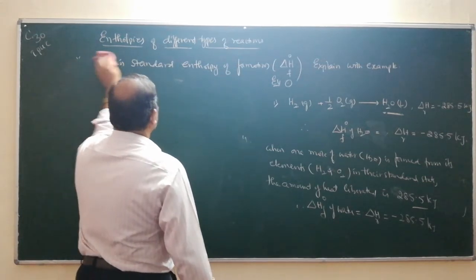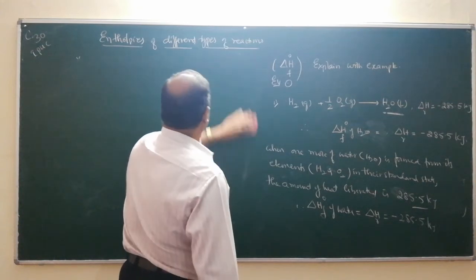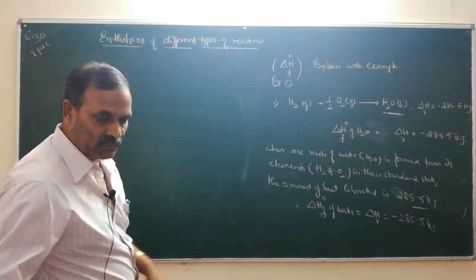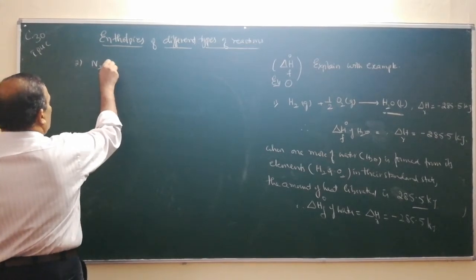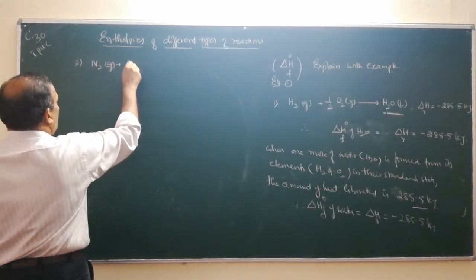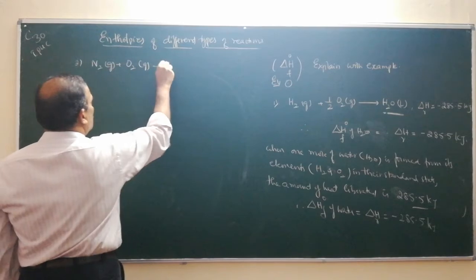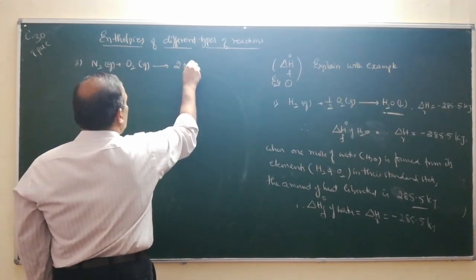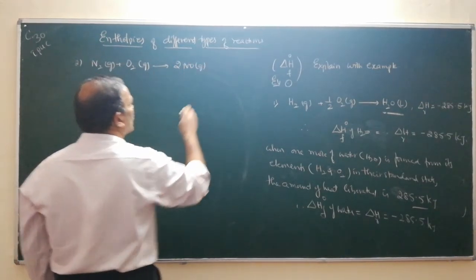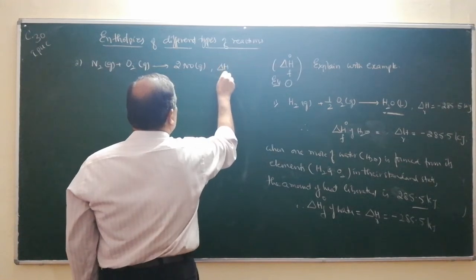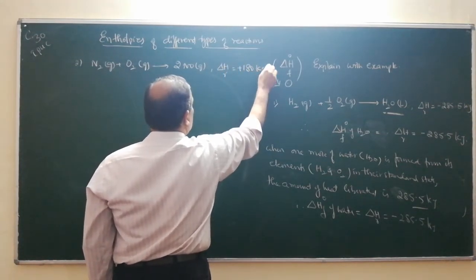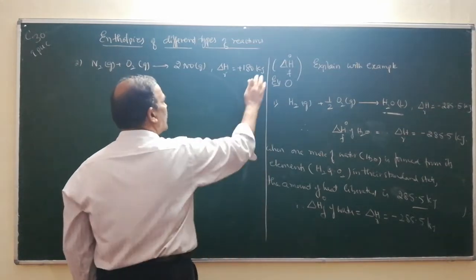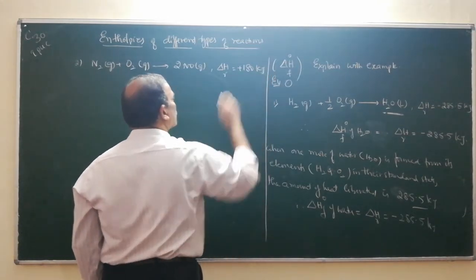So I will give you another example. Example 2, N2(g) plus O2(g) gives 2NO(g). Delta HR is equal to plus 180 kilojoules.